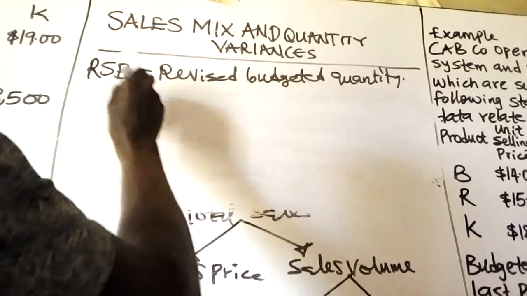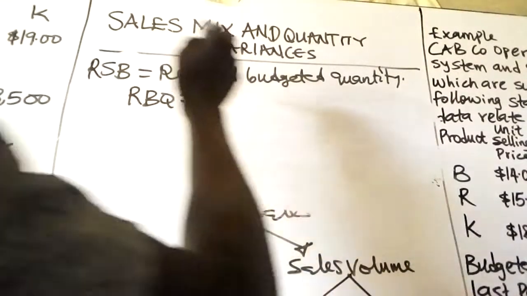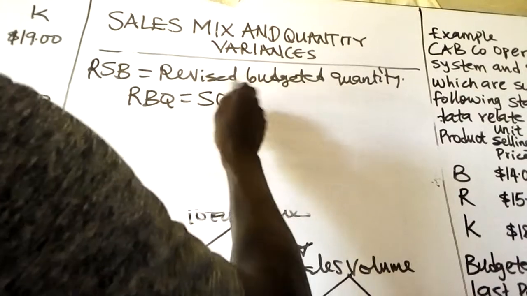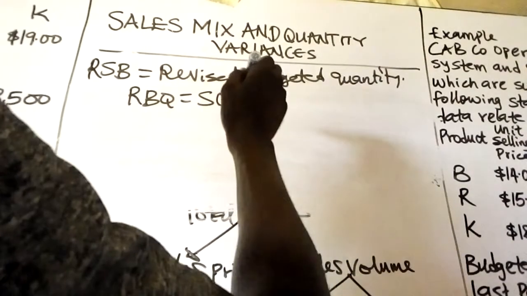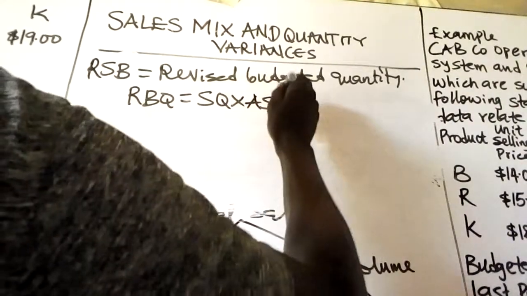Revised budgeted quantity is equal to the standard quantity multiplied by actual sales mix.